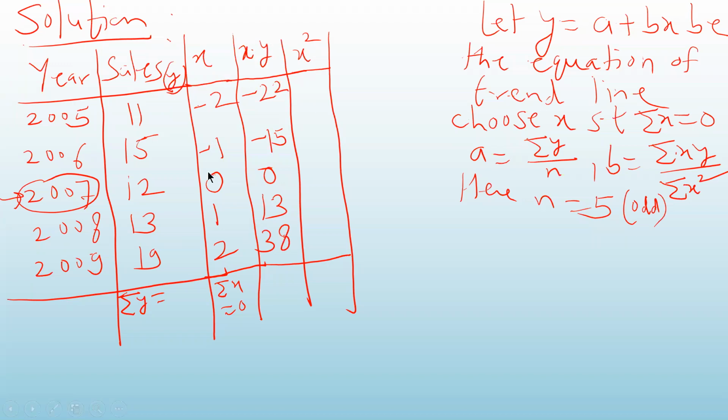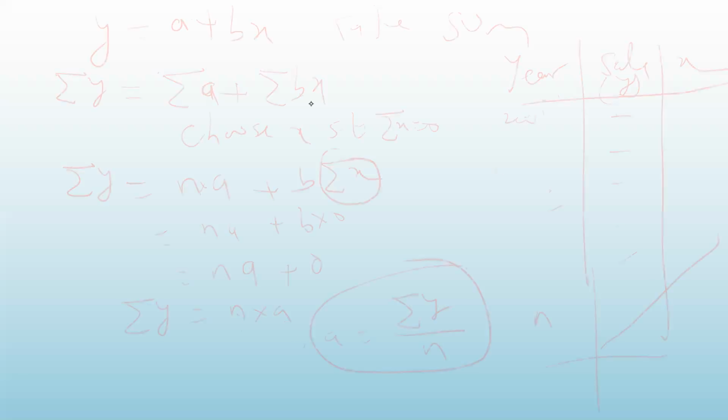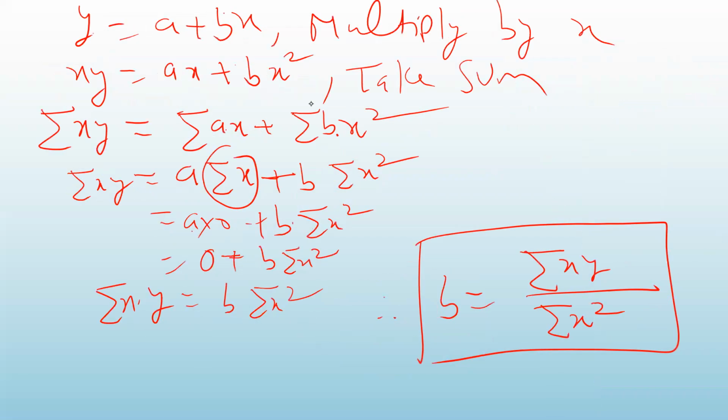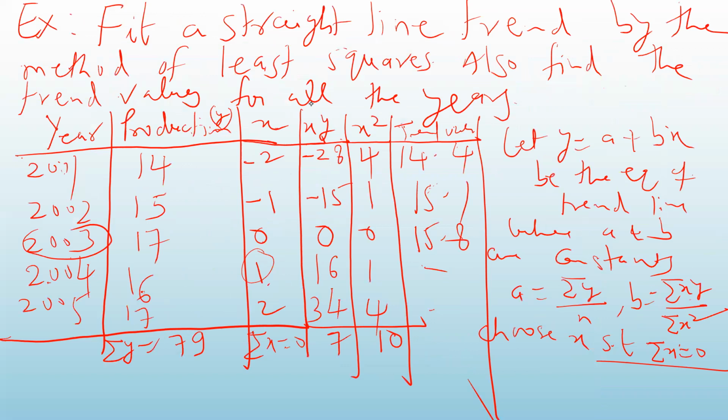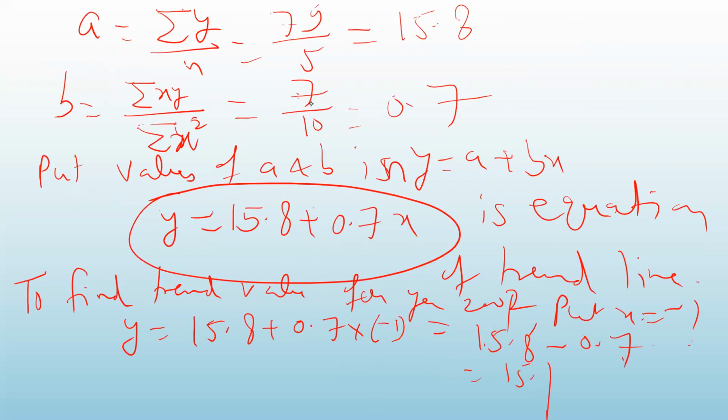Now X square. Take the square of the values here. X is -2, so -2 square, that means -2 into -2. When you multiply minus with minus, you will get plus, and 2 into 2 is 4. Also, the square of every number is positive, even though the number is negative.